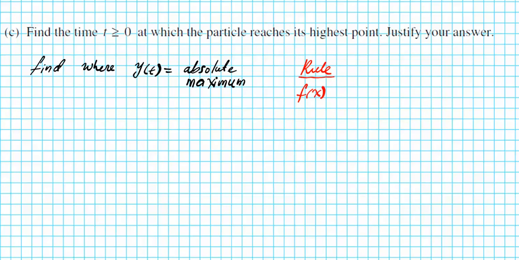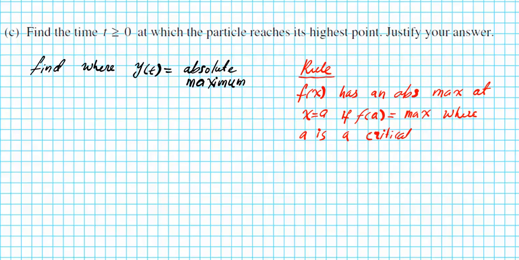f of x has an absolute maximum at, let's say, an x value equals a if f of a, the function evaluated at that particular value, is equal to the maximum, where a is a critical value and/or an endpoint.